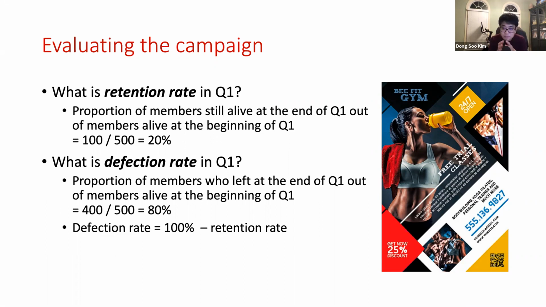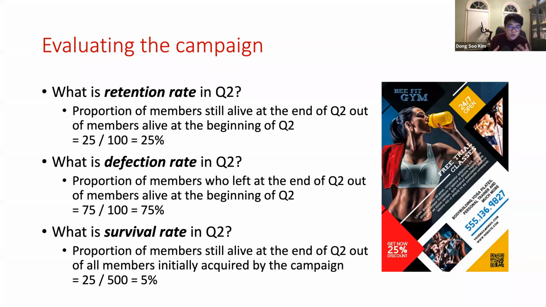So 80% of members left, and this is the defection rate for the first 3 months. Because the sum of the number of members left and the number of members still alive is the total number of members acquired, the defection rate is always given by 100% minus the retention rate.